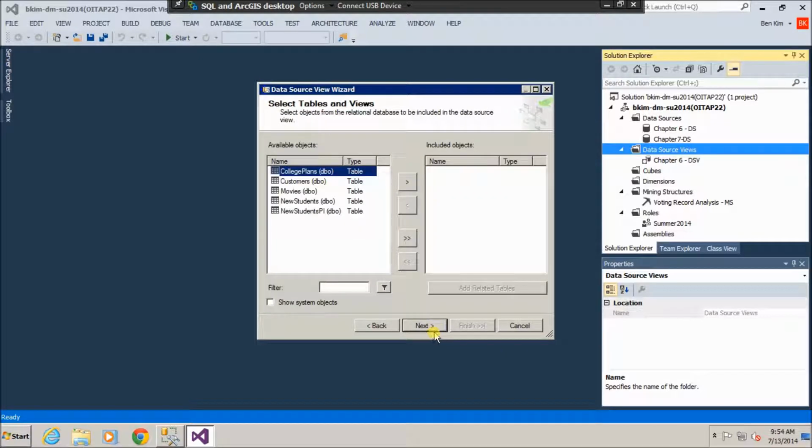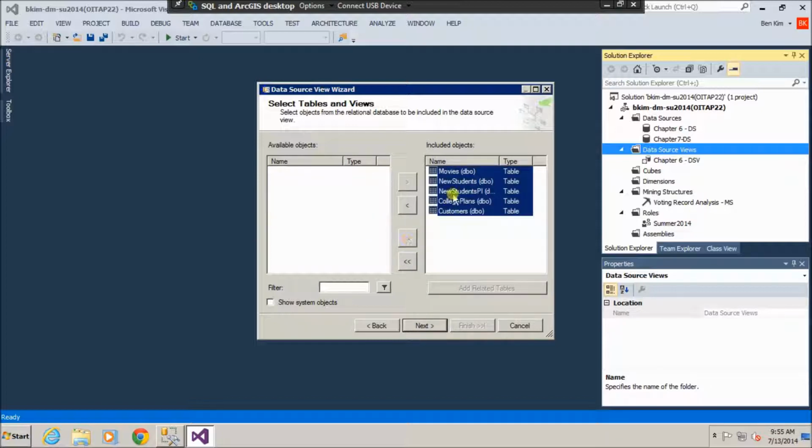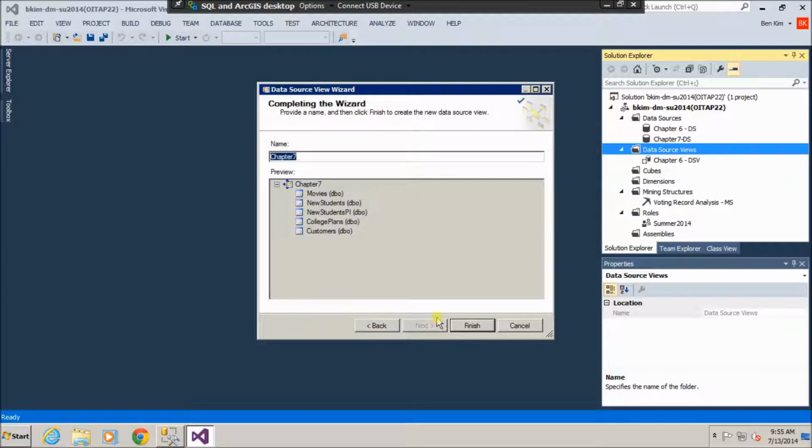So next, let's choose everything. You can individually select it, or if you want to select the whole thing, can you see that double arrow? Let's choose all of them, and next. Again, a good name always helps: DSV, data source view.